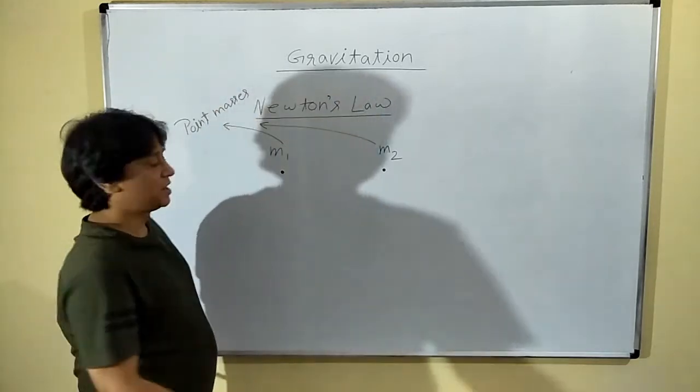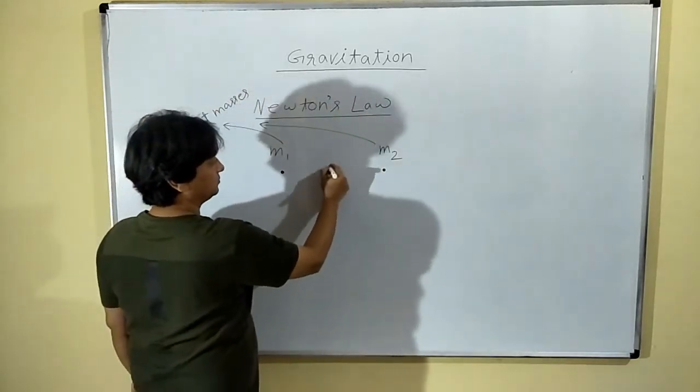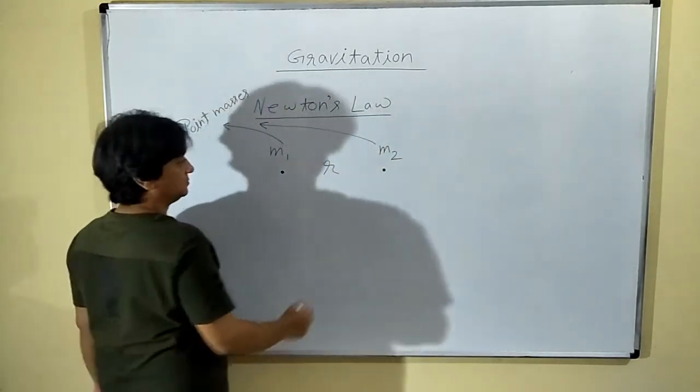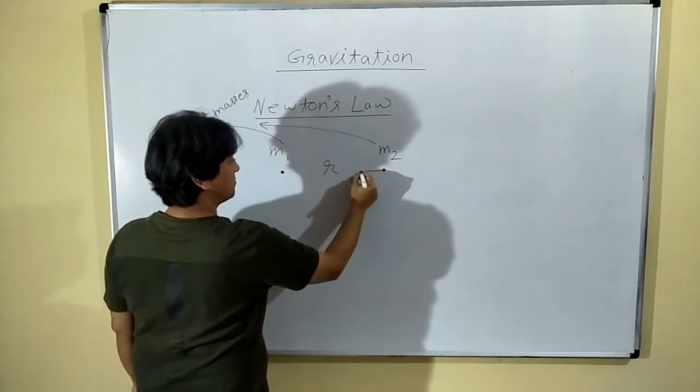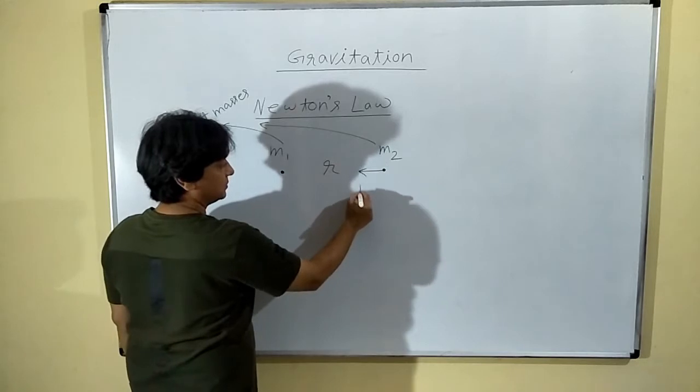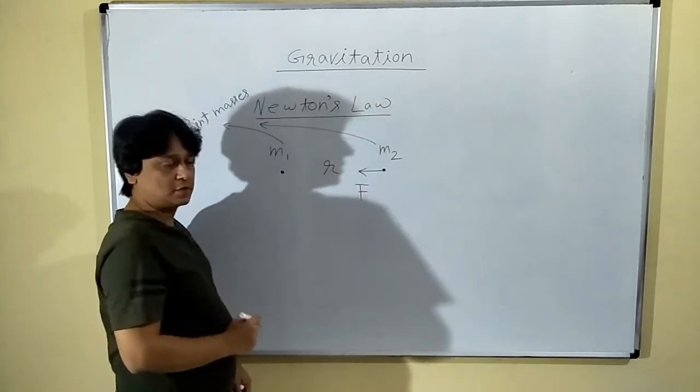If they are separated by a distance of r, then Newton says that force on m2 by m1, F. What is F?